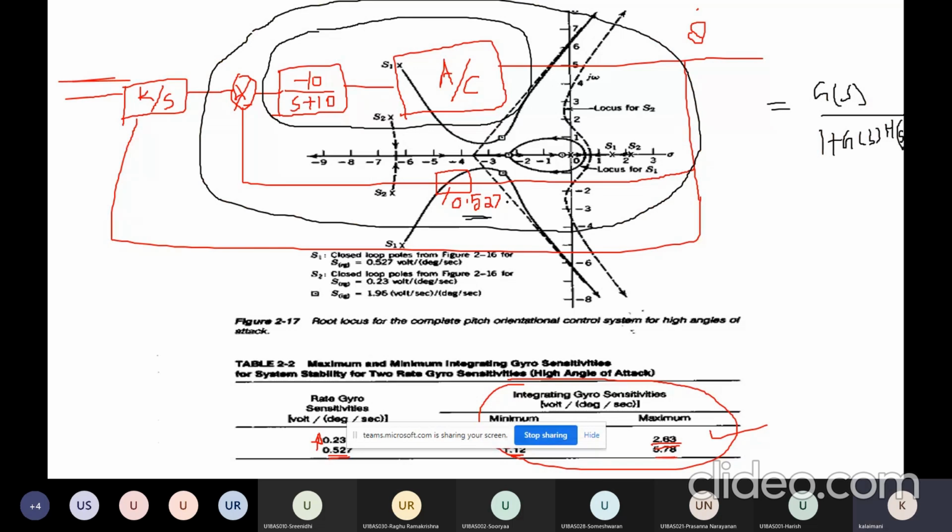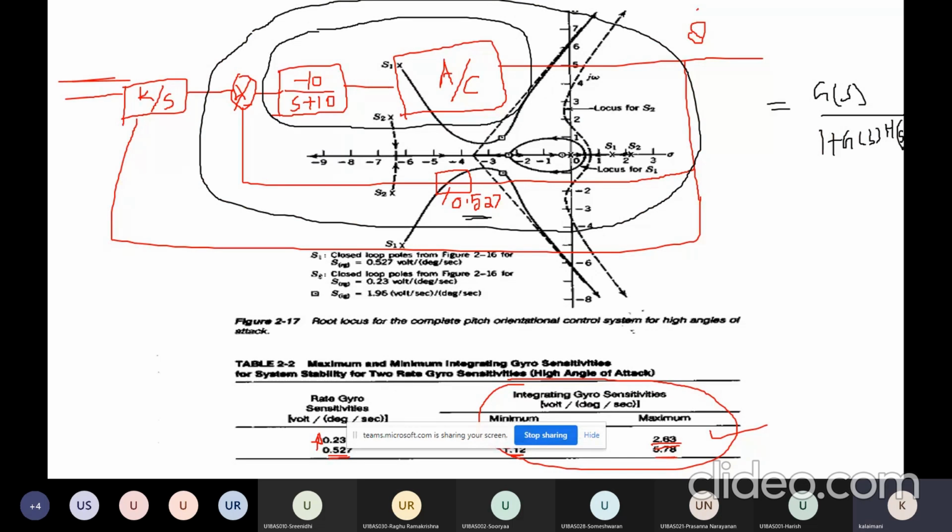H of S is the feedback, the rate gyro sensitivity value of 0.527. Then it becomes a single block. Then we combine K by S with this above equation, and we get the overall outer loop transfer function. Then you try to sketch the root locus.